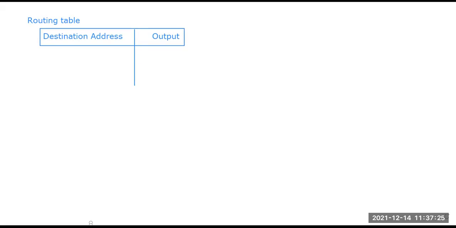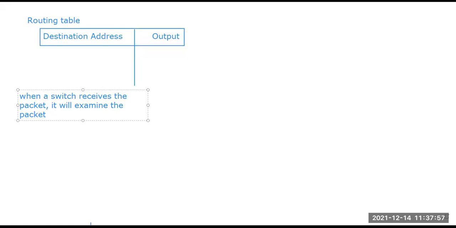So what happens when a switch receives a packet? When a switch receives the packet, it will examine the packet and find out the destination address contained in the header.